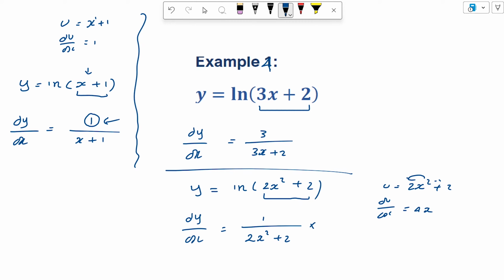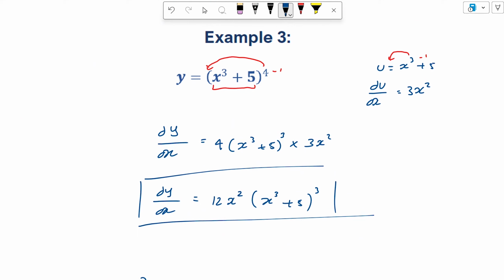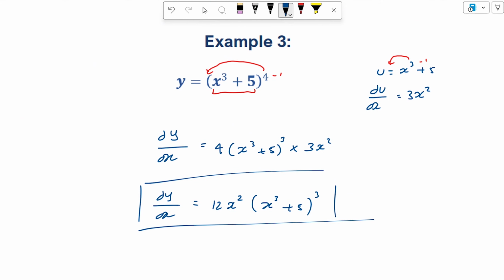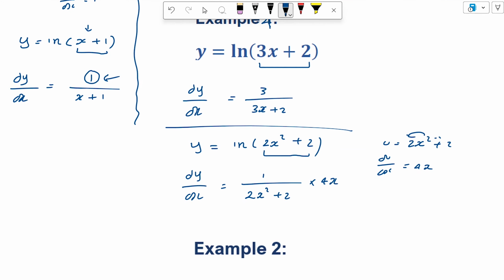Now we need to multiply 4x to the differentiation of ln, which follows the same logic that we did above, where we first differentiate the outer bracket and then we differentiate inside the bracket. In this case, ln is the outer bracket. So the answer is going to be dy over dx is equal to 4x over 2x squared plus 2.